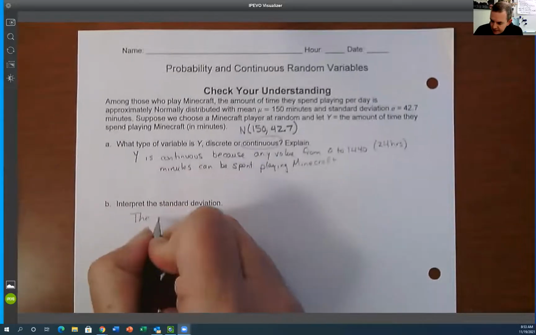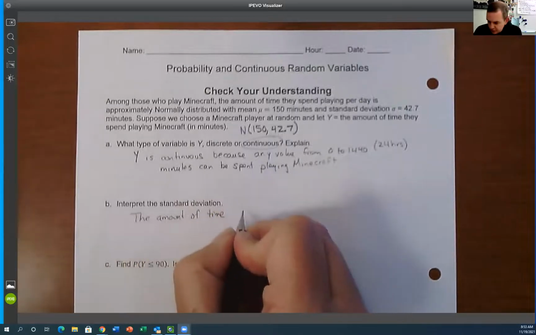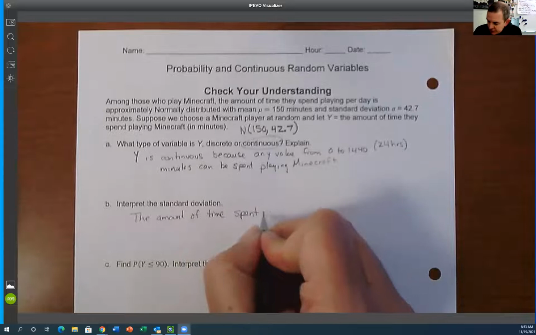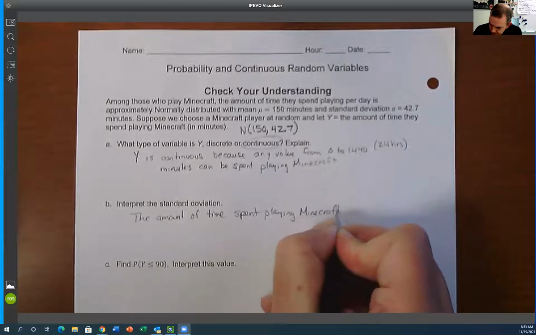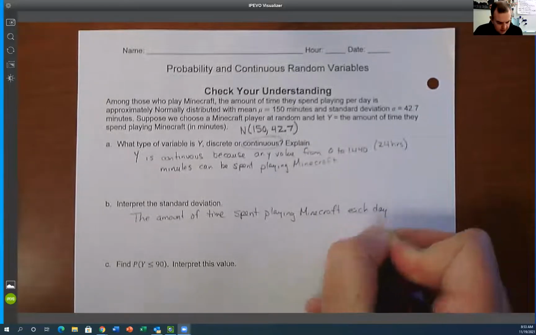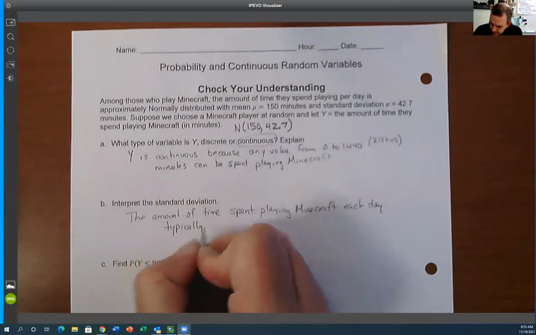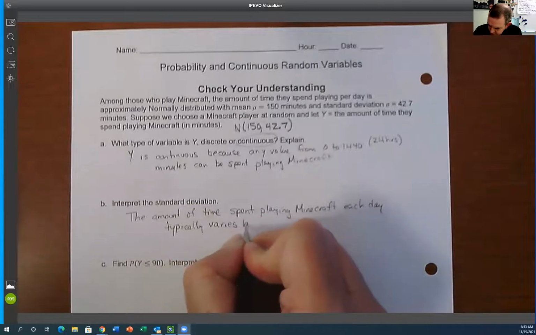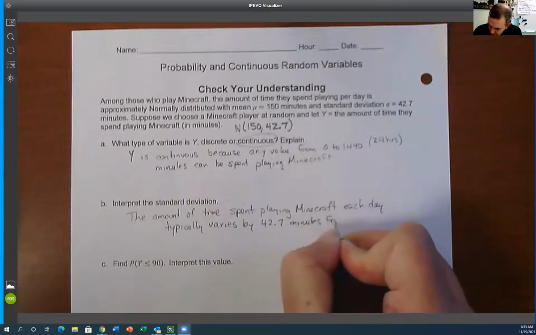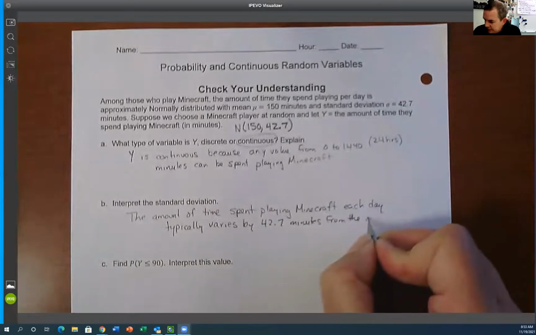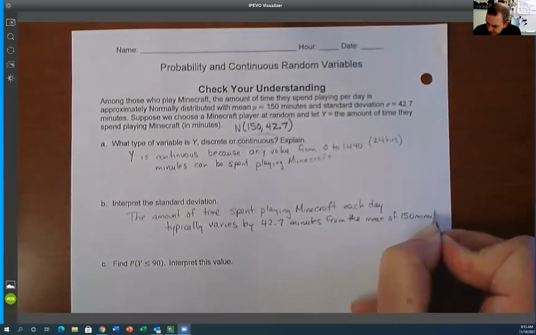The amount of time spent playing Minecraft each day typically varies by 42.7 minutes from the mean of 150 minutes. So that's our standard deviation.